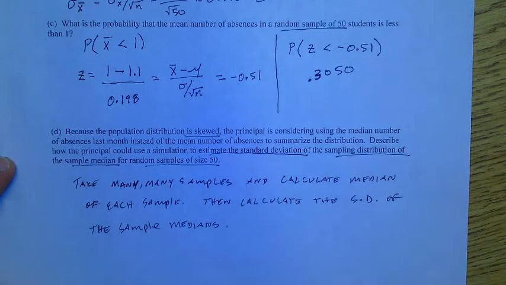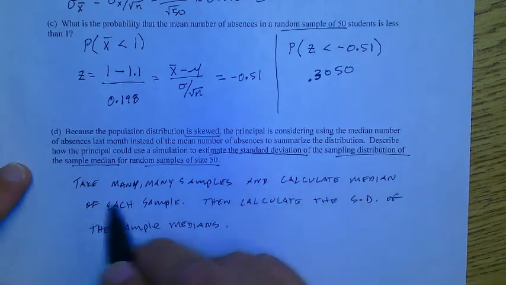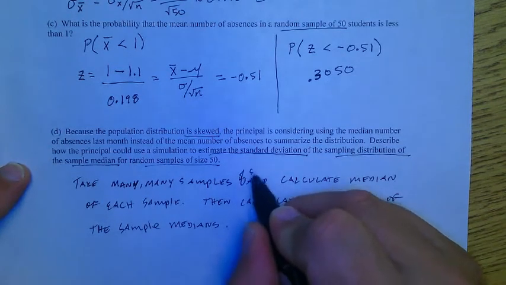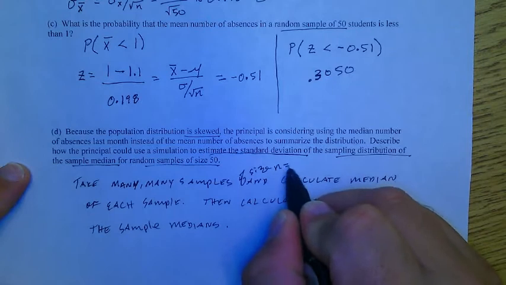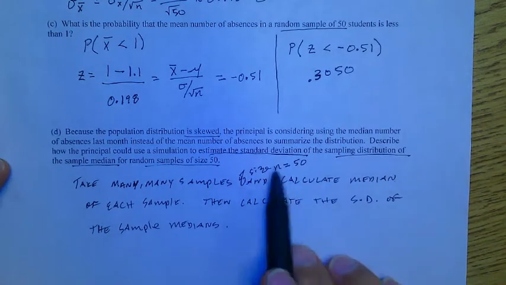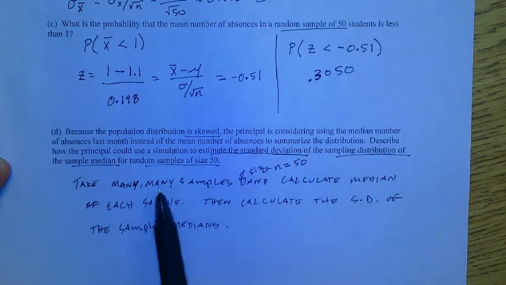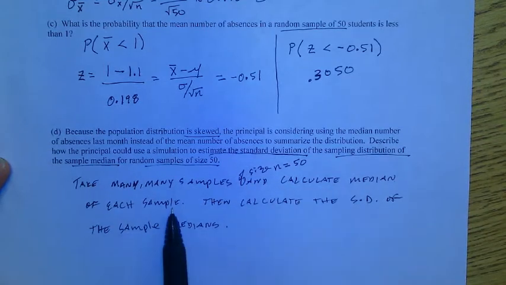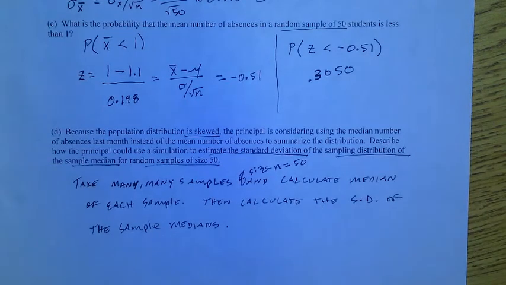And here we do need to specify that context: many samples of size n equals 50. We're going to take many samples of size n equals 50, calculate the median of each sample, then calculate the standard deviation of those sample medians. Hopefully that refreshes what you need to know for Chapter 7.